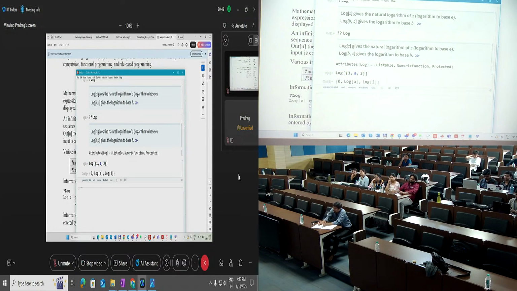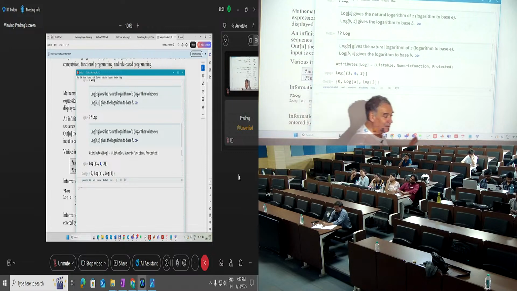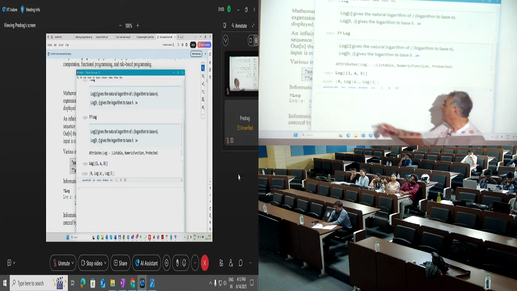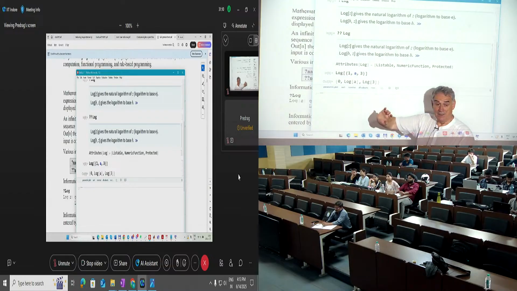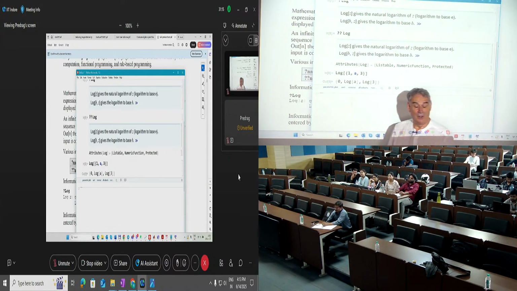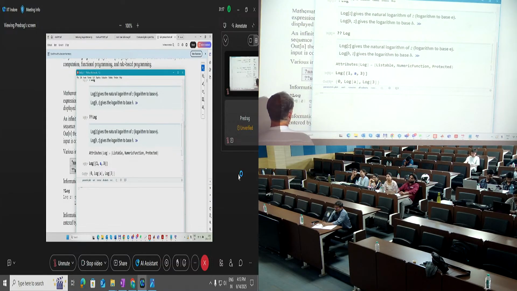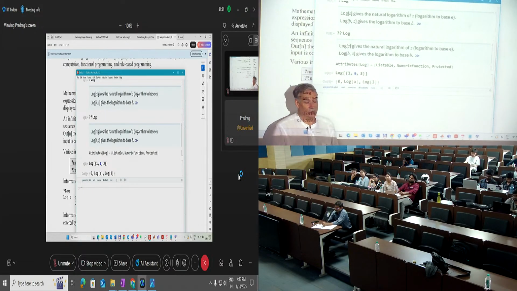We obtained three successive values: log of 1 is 0, log of A unevaluated, Mathematica waits. I don't know what A is, A is not defined, and then Mathematica will wait. If I define A, then log of A will be computed.